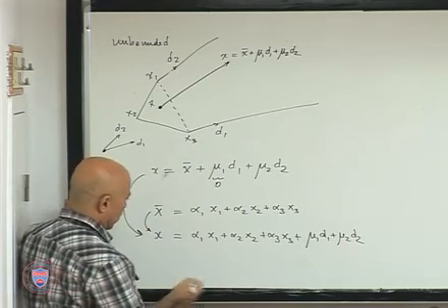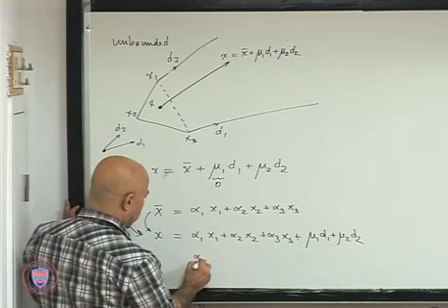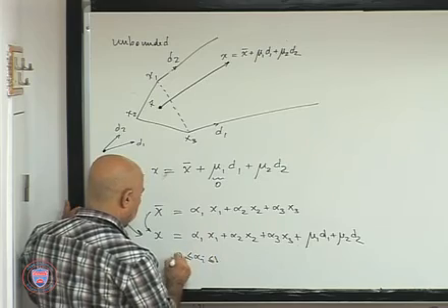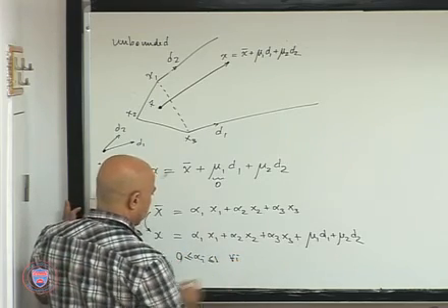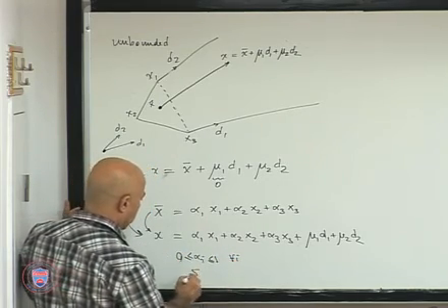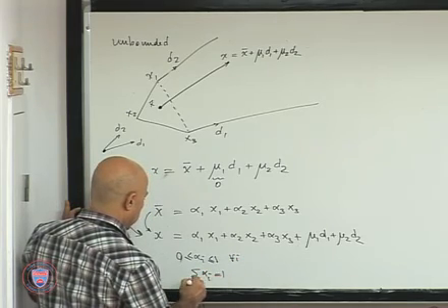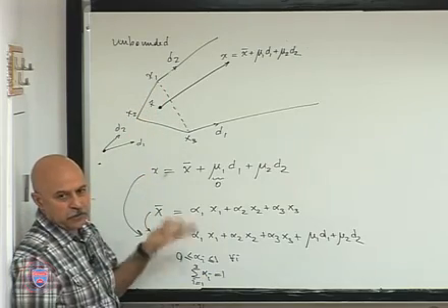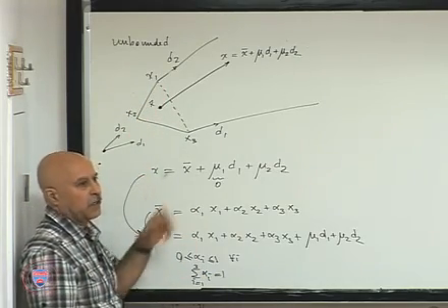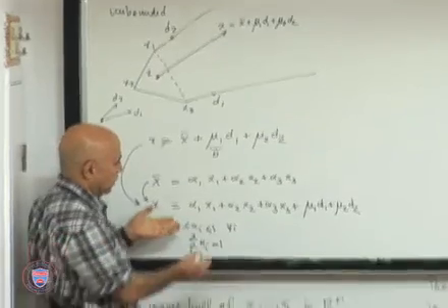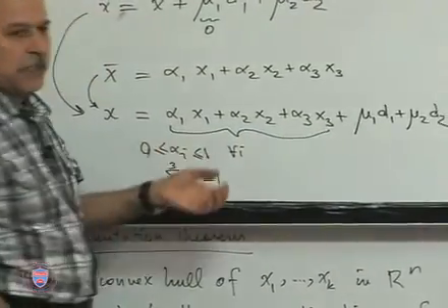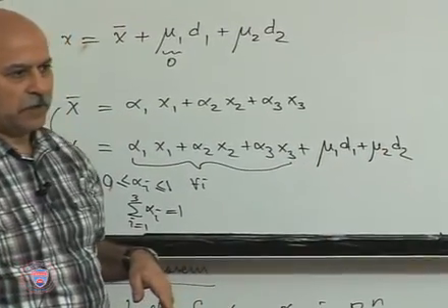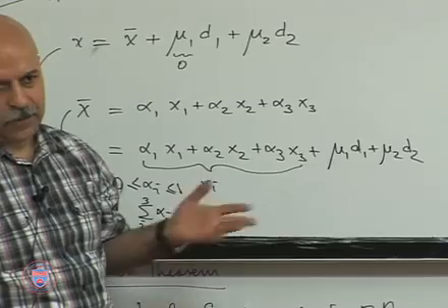And we have what we want, because the alpha i are between 0 and 1, for i going from 1 to 3, and they add up to 1. How do I know that? Because X bar is a convex combination of these extreme points. It's picked from the convex hull of the extreme points. Okay? So that gives you a convex combination of the extreme points plus a non-negative combination of the extreme directions. Okay? Which is what we wanted to have.